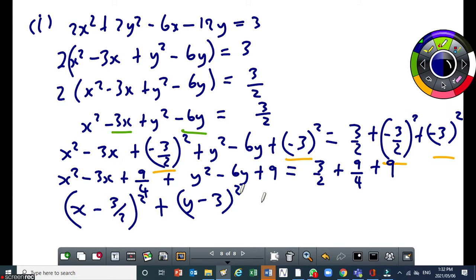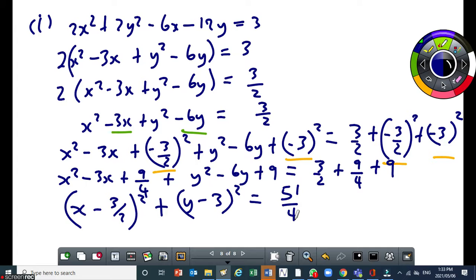Now if you simplify what's here, if I multiply 3 over 2 by 2, I'll get 6 over 4. That becomes 6 plus 9 plus 36, you get 51 over 4. Can you verify that for me?